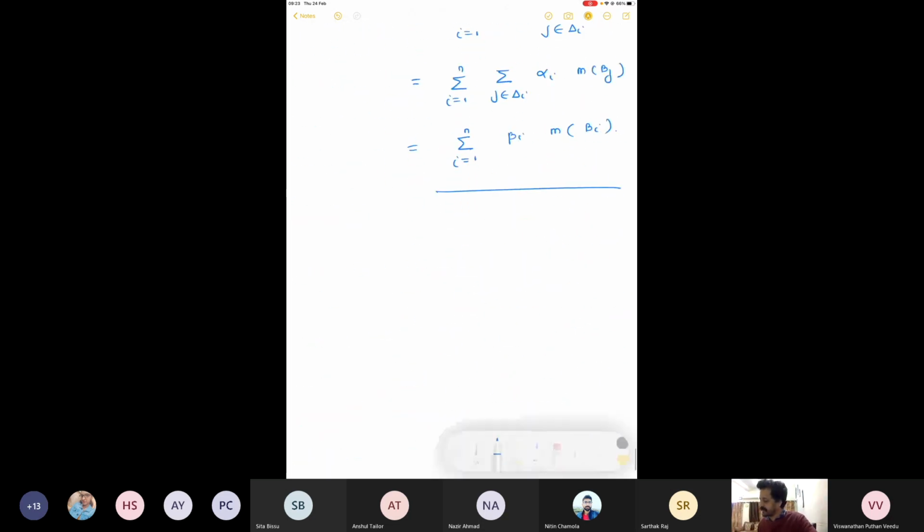Now let me give you one example at this juncture. Again, it is a simple example, but it is very illustrative. Let phi be a step function. In particular, it is a simple function.